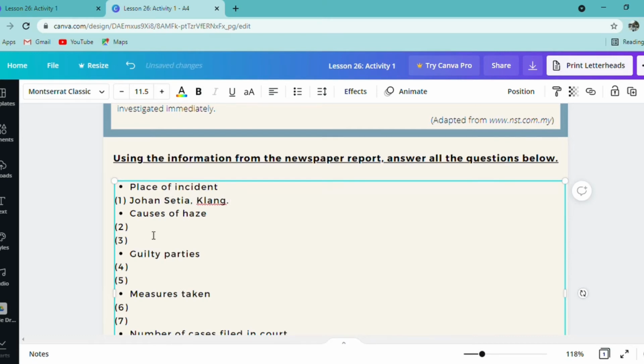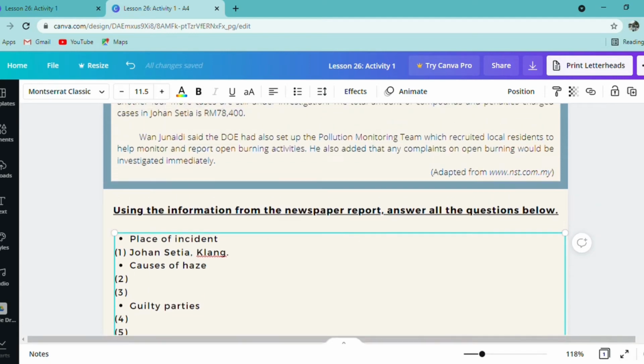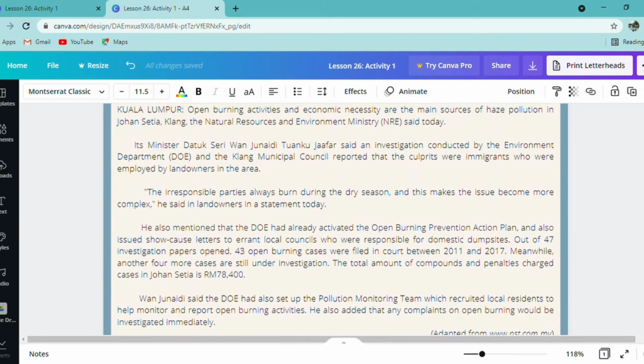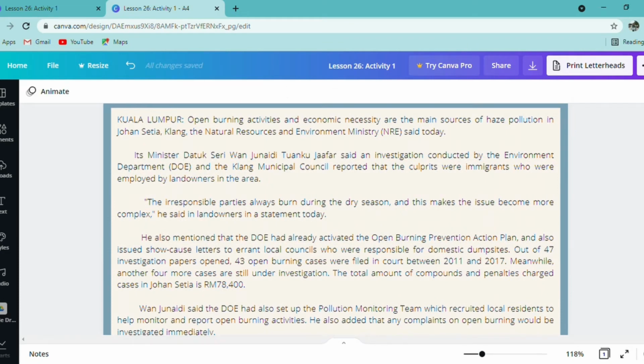Okay, so for the second question, what are the causes of haze? We go back to the text, and then you need to find the answer.